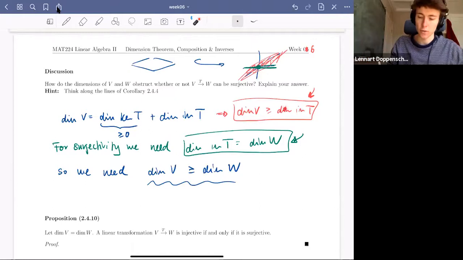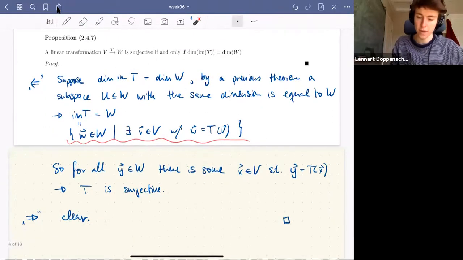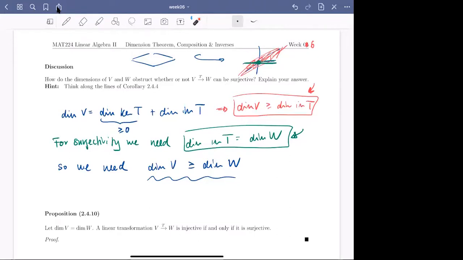So this is always true. And this one is what we need for surjectivity. This is just the previous proposition that we ended up with yesterday, something we proved. If you chain these equations together, you get that the dimension of V has to be greater or equal than the dimension of W. Okay, and that's the conclusion.